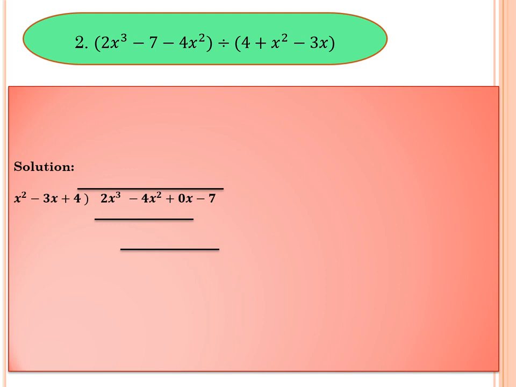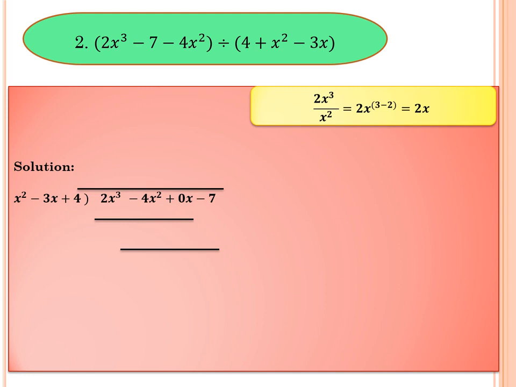Okay? So, for the next step, we will have 2x cubed divided by x squared, since 2x cubed is the first term of our dividend and x squared is the first term of our divisor. And dividing this one, we will get 2x.